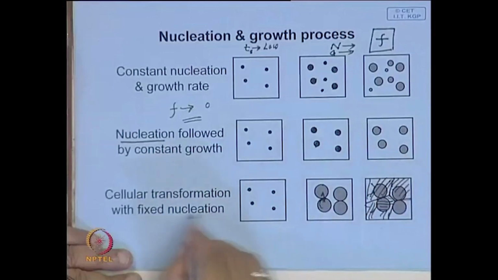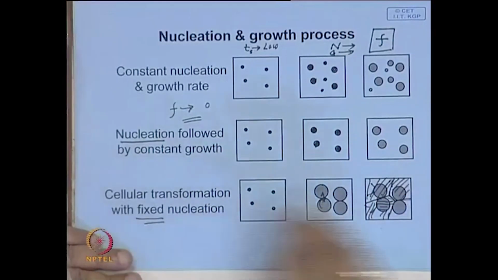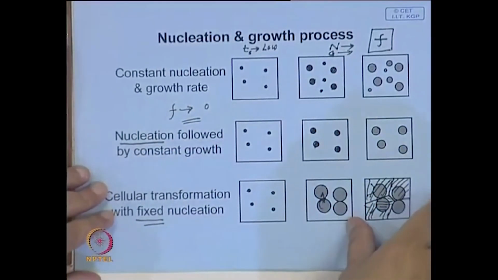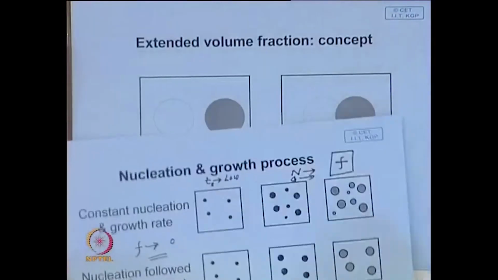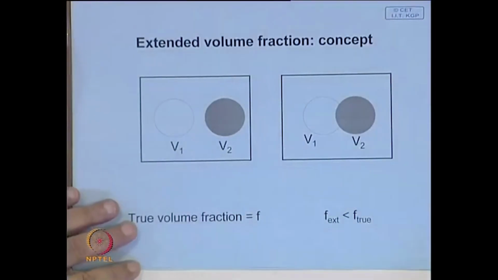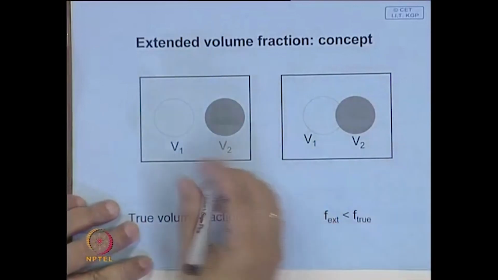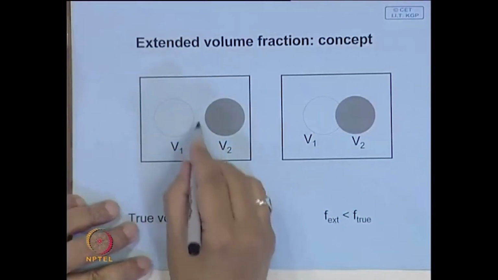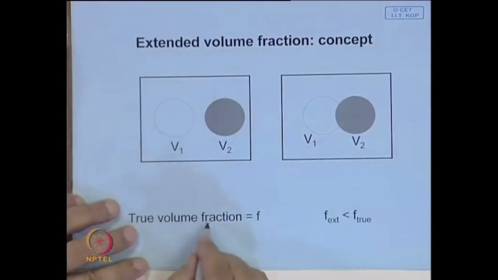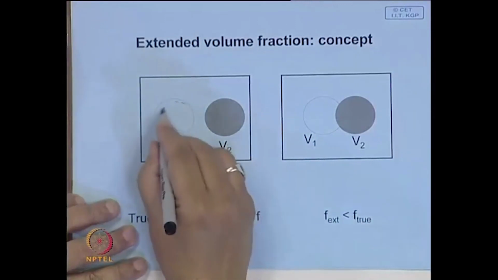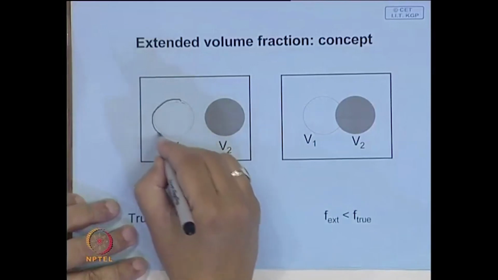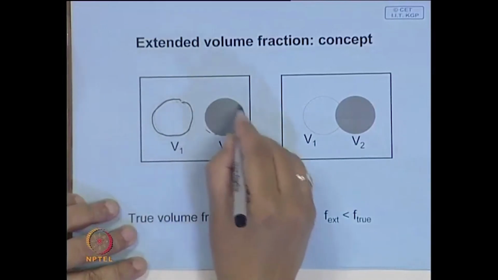So, this is a pearlite nodule and it grows into these areas. This is an impingement effect, and how do you calculate this impingement effect? This is what we will go into. It is something like this which is shown. If you do not have impingement, then calculation of volume fraction is quite easy. This is one nucleus, this is another nucleus.